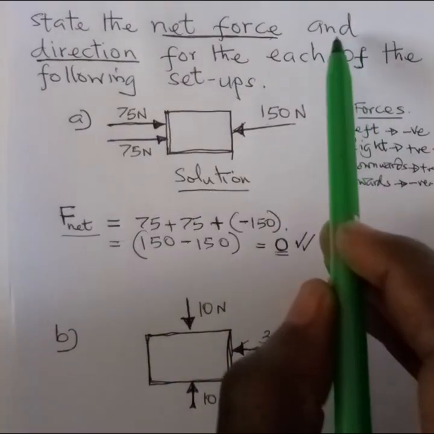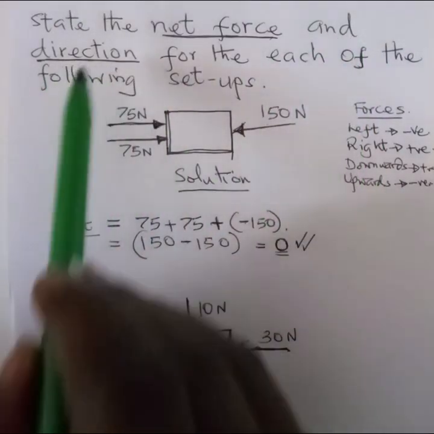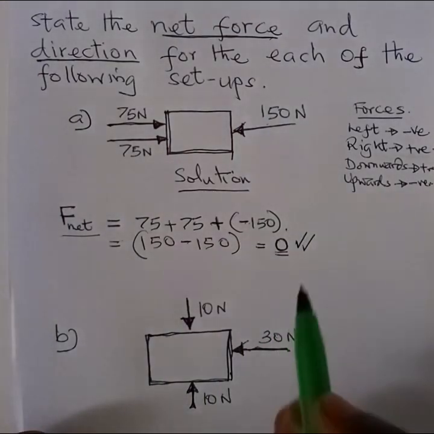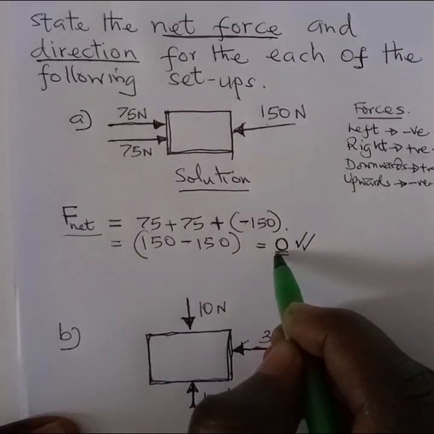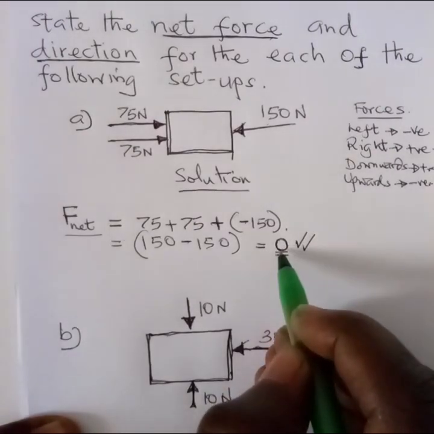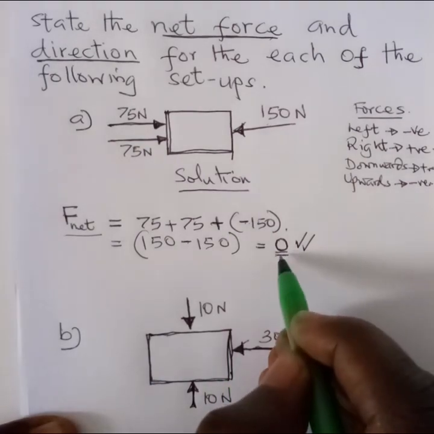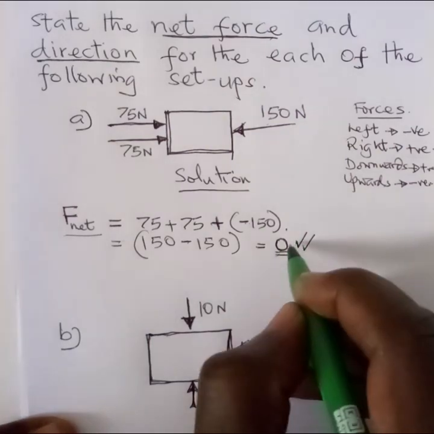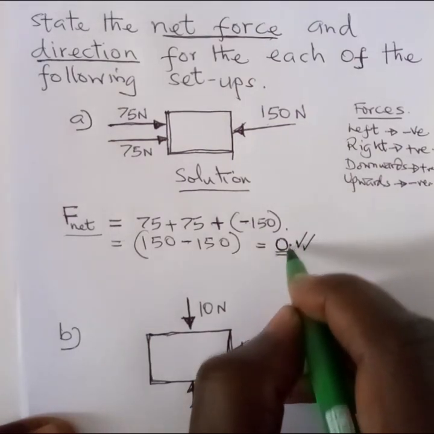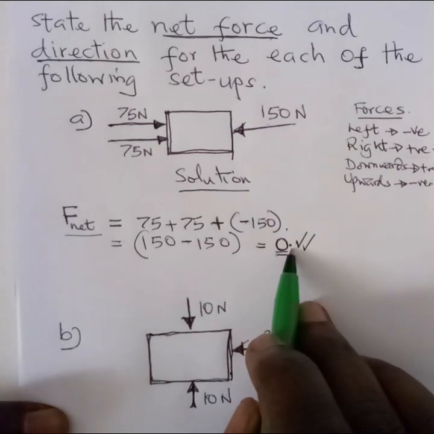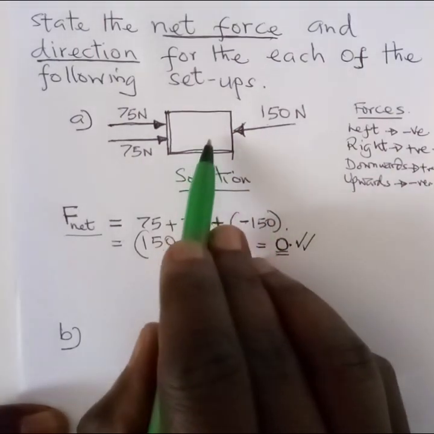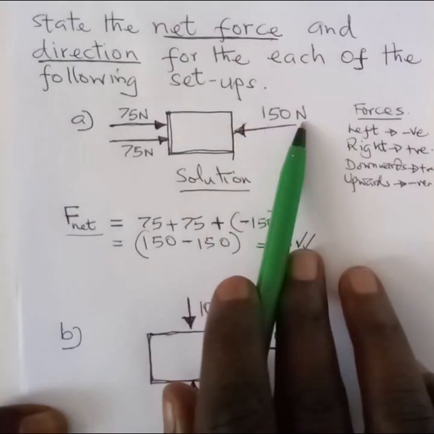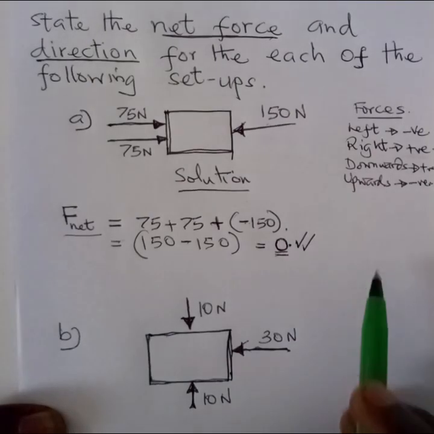Now, the second part of the question, the direction. If the net force or the resultant force is 0, meaning there will be no effect. The zero force or 0 Newton will not have any effect on this object. The force on this end is equal to the force on this end. Now it won't move.